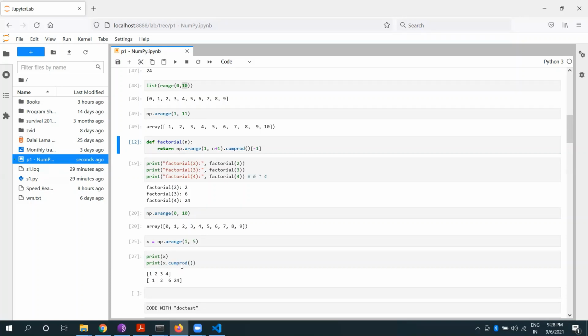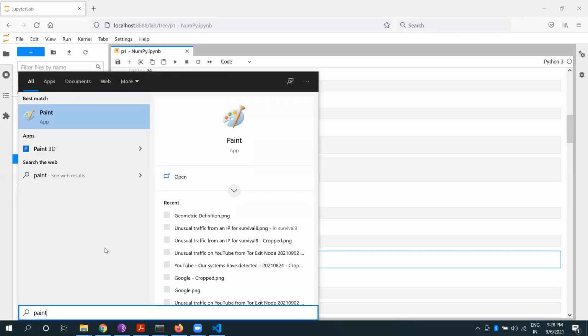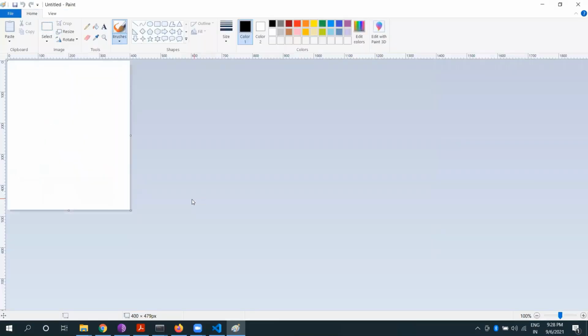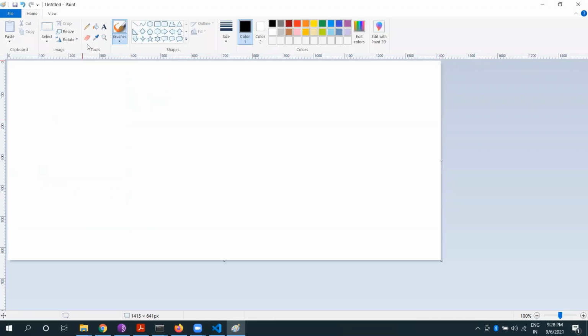Now, when we do a cumulative product, whenever you see the word cumulative, that means you are not ignoring the previous thing. Let me explain with an example from machine learning and statistics.